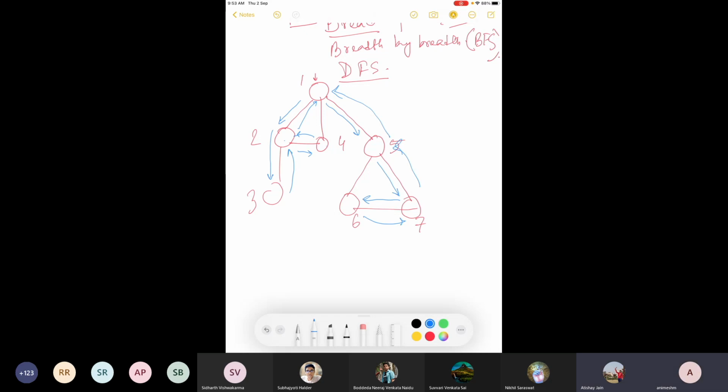Yes, but you are traversing. So you have come to 2 and from there you have gone to 3. You have come back to 2. You are now checking if there is any other neighbor of 2 that is left. You see 4 is left. You visit 4. You get back to 2. Now you get back to 1. And then you see if anything else of 1 is left to be visited. You don't find anything.